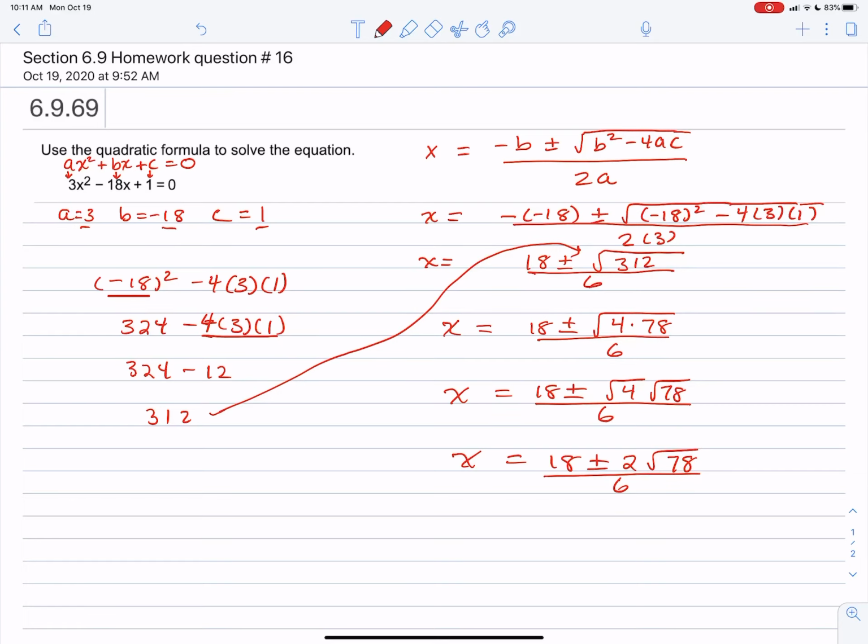Now, notice that 2 divides into each term of the numerator and into the denominator. So I'm going to do that. So dividing 2 into each term, the numerator, and then to the denominator.